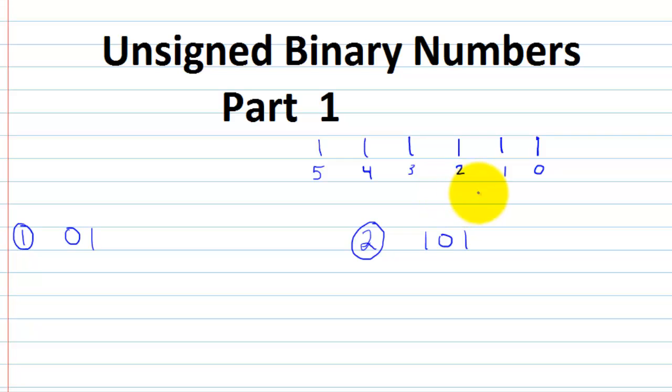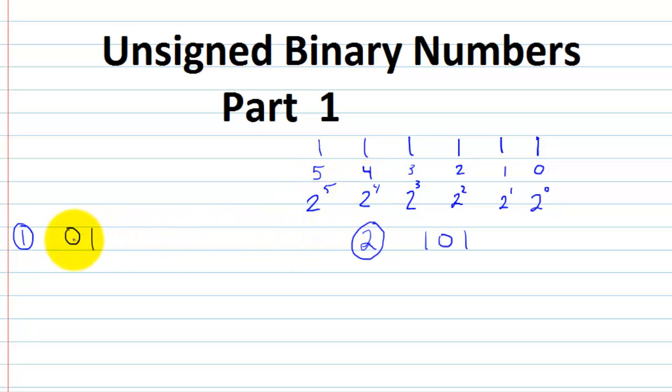When you're determining what value you have, what this is telling you is your power. So this would be 2 to the 0 power, this is 2 to the first power, this is 2 to the second power, 2 cubed, 2 to the fourth power, and 2 to the fifth power.